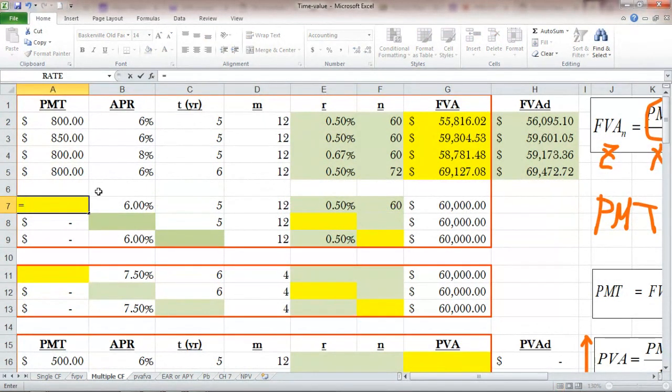And then we'll find FVA times R over, open parentheses. Oh, something's not, it didn't go in.